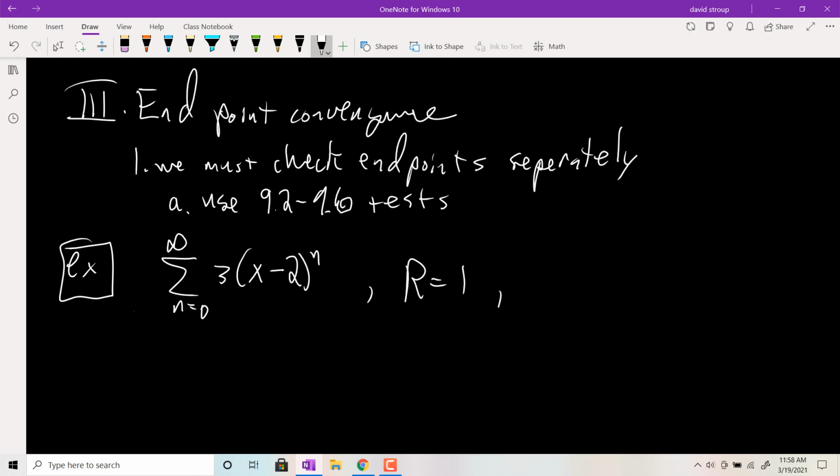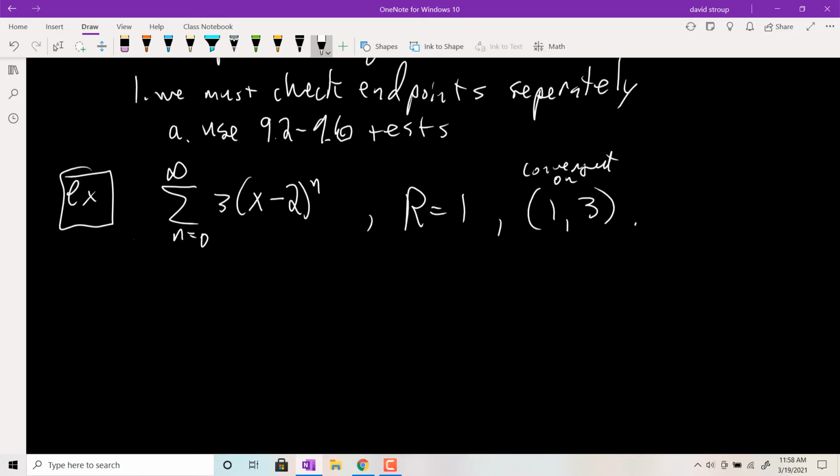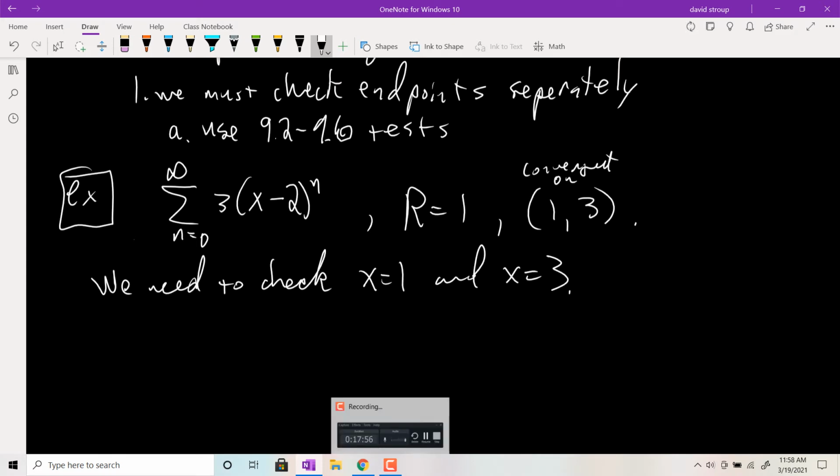And in fact, it's convergent on the interval from 1 to 3. Okay, so we need to check the endpoints. We need to check x equals 1 and x equals 3 to see what happens.